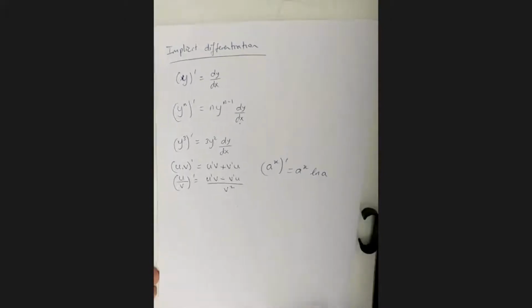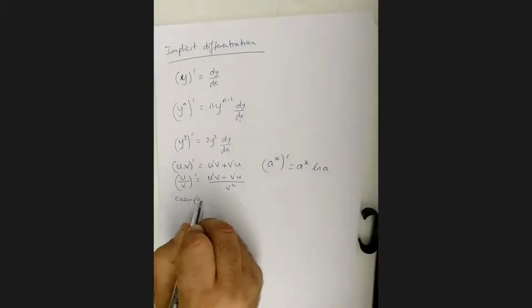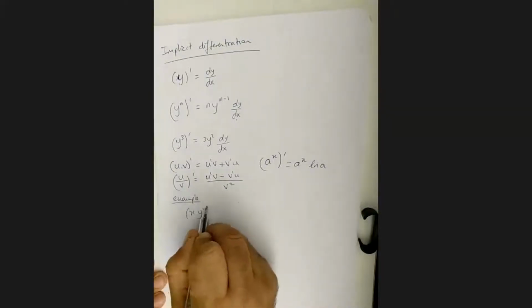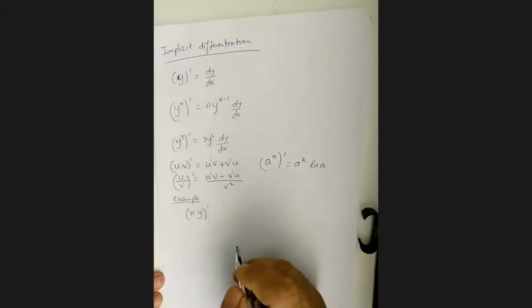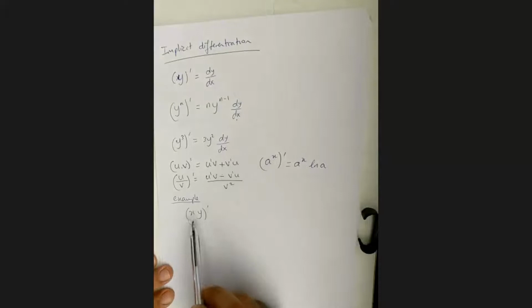Let's start with a simple example. If we have x times y as an implicit expression, let's take the derivative. What do we have here? We have a product, x times y.